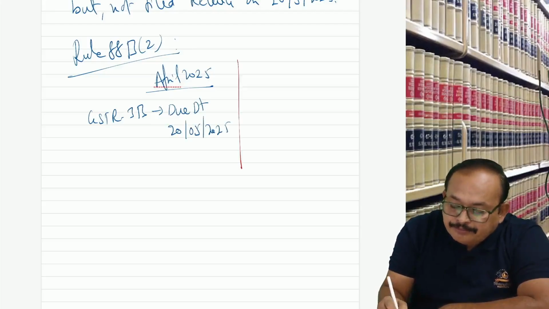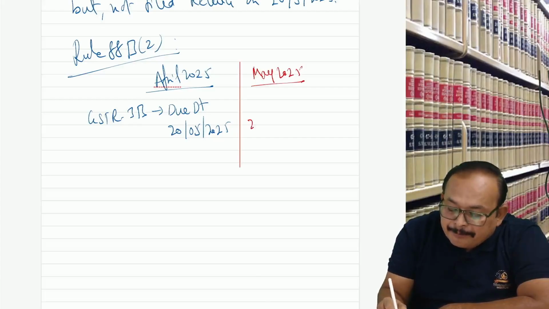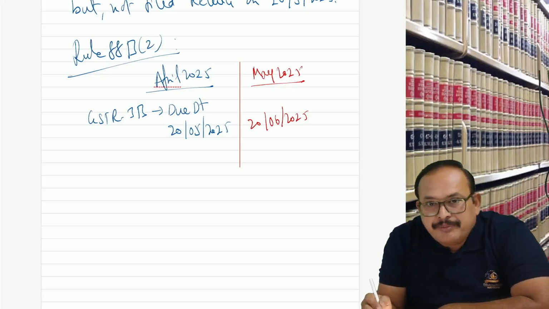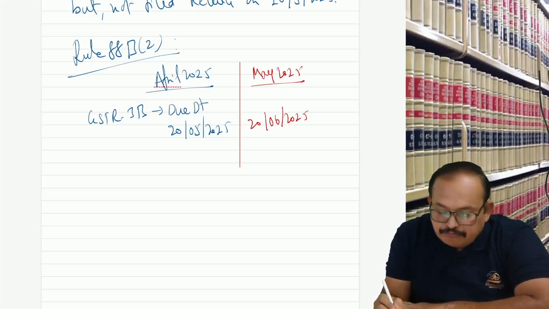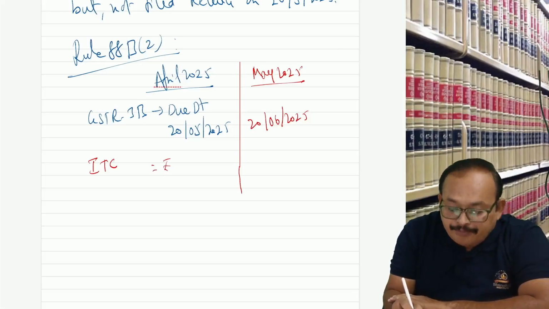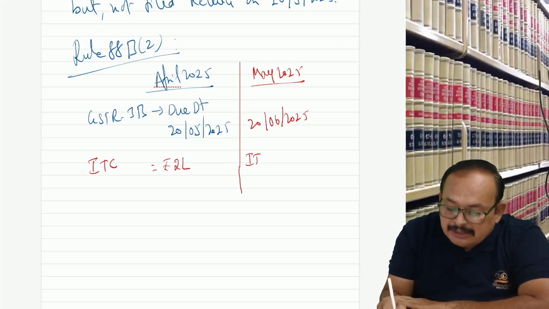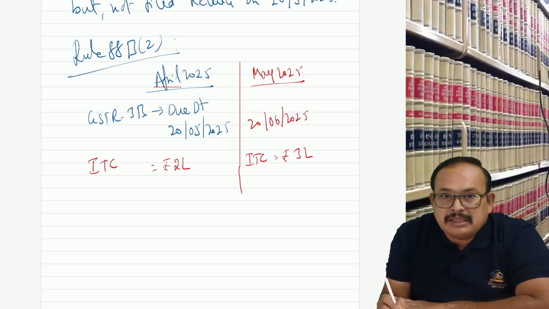Coming to May 2025, due date 20th June. Can you agree with me? Now here I have ITC in the month of April, 2 lakhs. Here I have ITC in the month of May, 3 lakhs. Is it clear, sir?